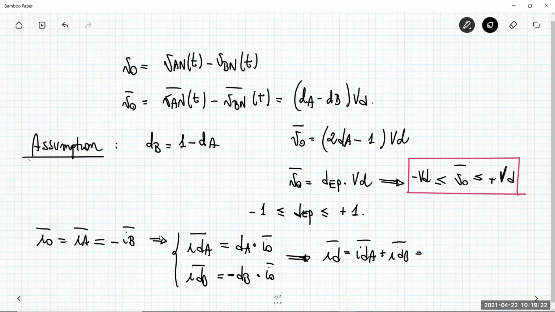And so this again is dA minus dB times I0 average value, which is again the equivalent duty cycle multiplied by I0. So ID average value goes from negative I0 to positive I0.